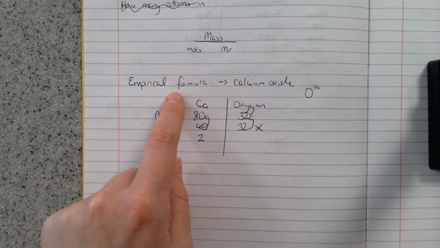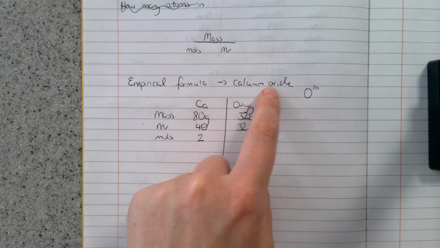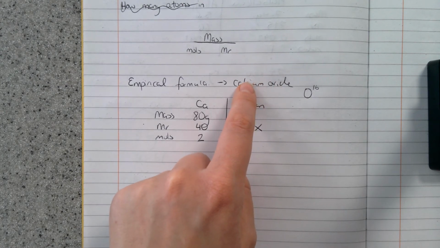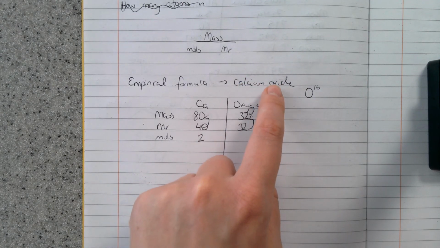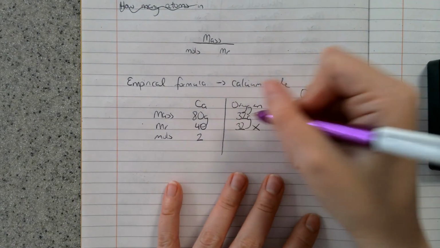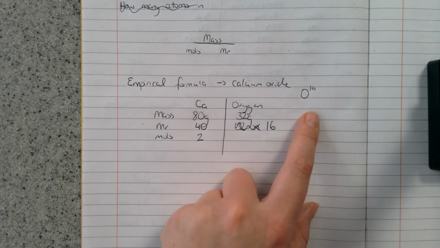You're asked to calculate the formula of calcium oxide. In calcium oxide, oxygen is part of a compound. It is bonded to calcium. Oxygen does not have to be diatomic when it is in a compound, so you do not apply the diatomic thing. You always just take the formula mass of 16 for oxygen.